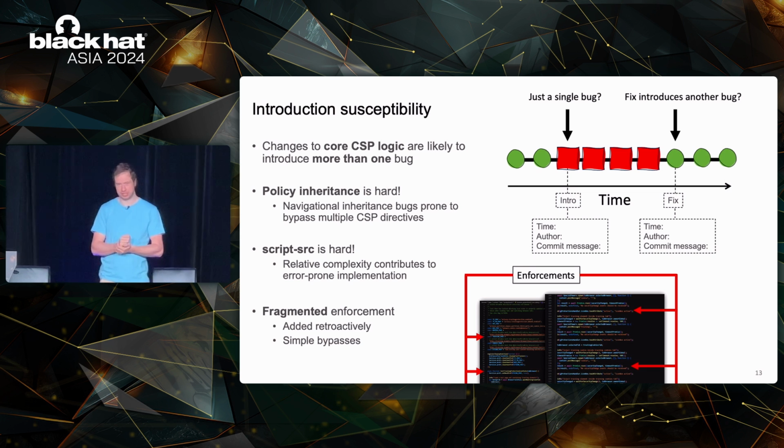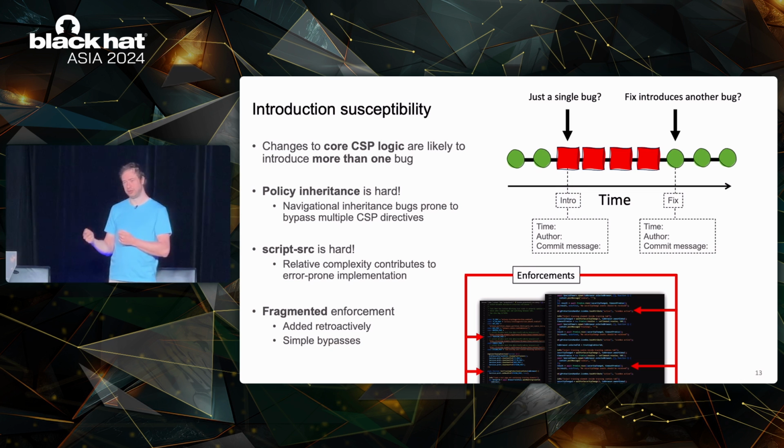Another thing is when there's things like iframes or other sorts of inheritance of the content security policy, the enforcement of that is pretty difficult. Now, the third thing that we found is the script source directive, which is pretty complicated compared to the other directives, so it's also quite likely to introduce all sorts of different bugs.